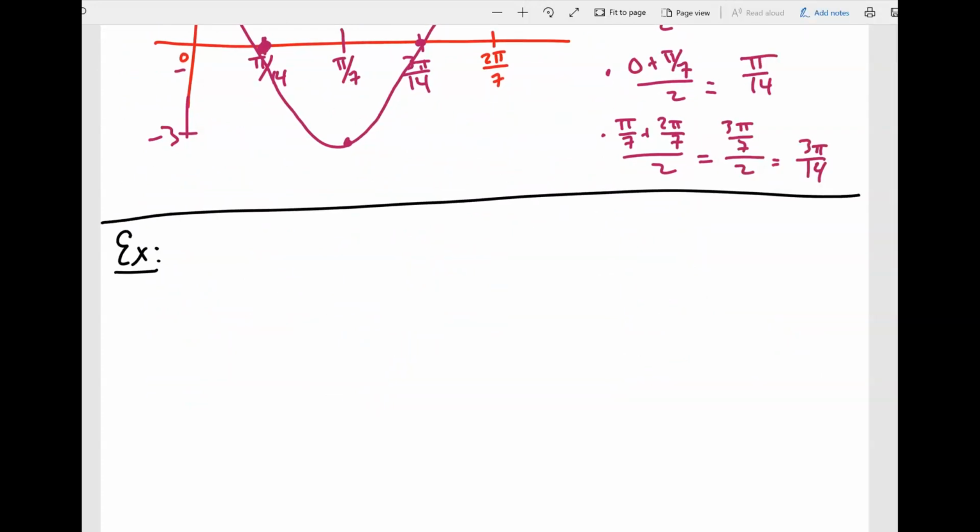Okay, so let's say we wanted to do y is equal to negative 2 sine of pi theta.